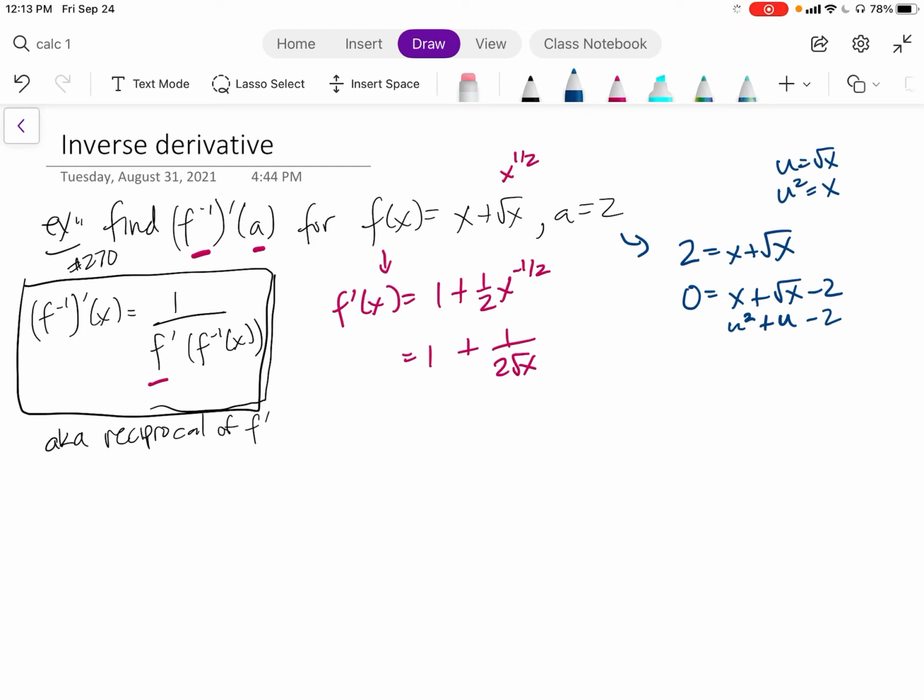When we solve, if we were to factor, that's u plus 2, u minus 1, so root x plus 2, root x minus 1. This one is impossible here: we get a square root equals a negative, so we don't even count that. Therefore, square root of x equals 1, or x equals 1. Square both sides.